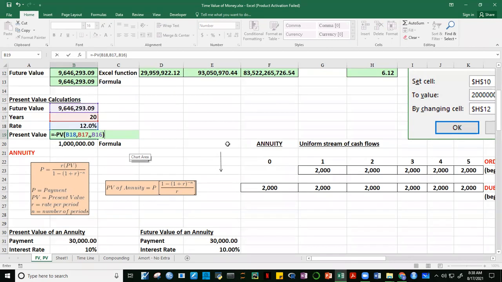And then please chat, guys, if you got 1 million. Please chat yes, if by performing the present value you got the 1 million. I would appreciate it, guys, if you chat yes, if you got the 1 million.